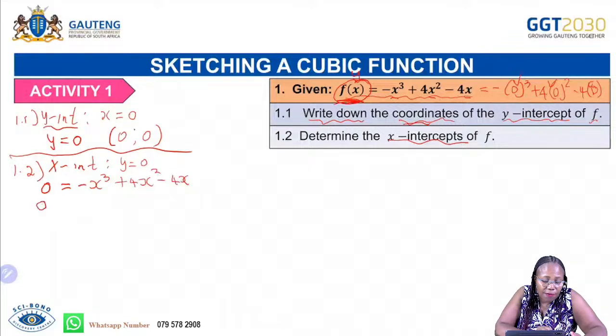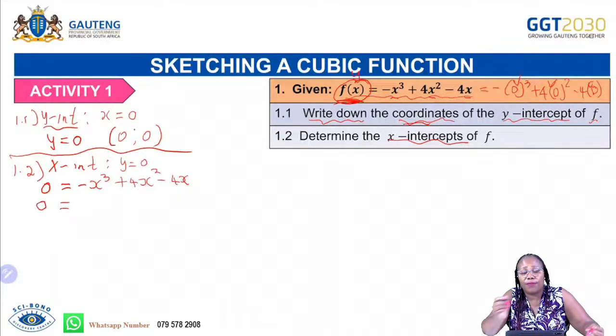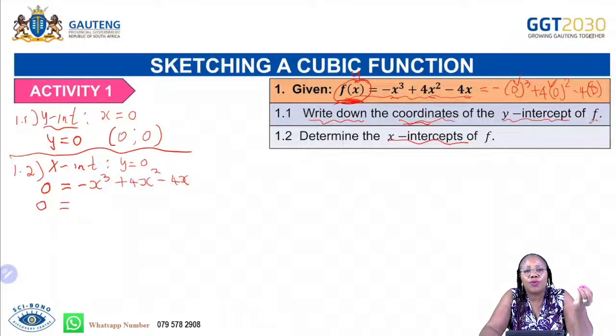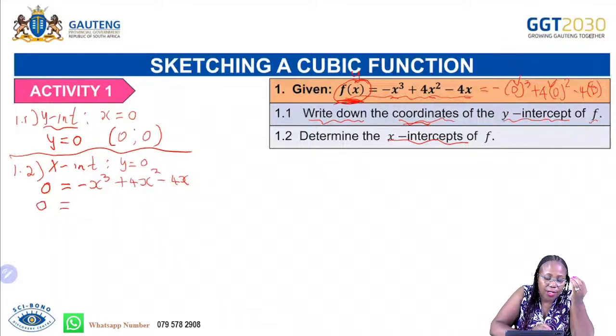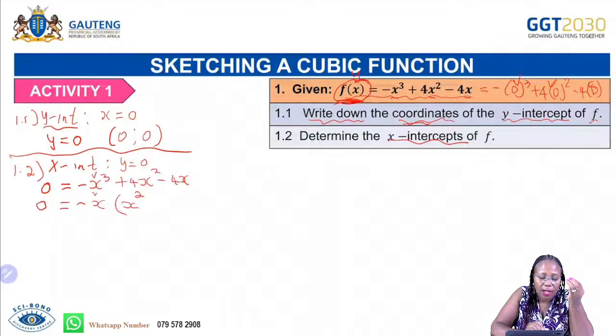And then, grade 12, as you can see, with this one it's very easy because we have a common factor, x. So we are going to take out this common factor as minus x. This minus x cubed divided by minus x will be positive x squared. 4x squared divided by minus x will be minus 4x.